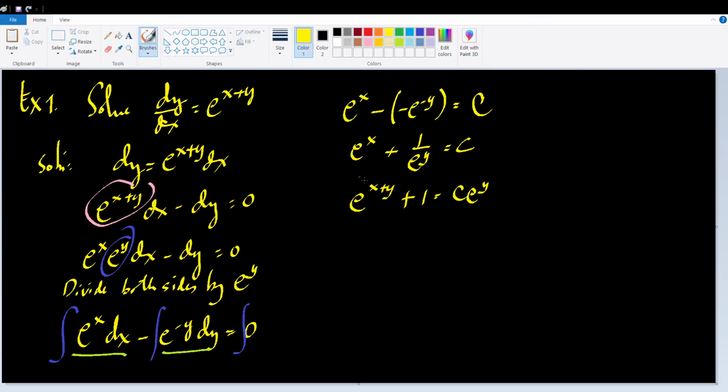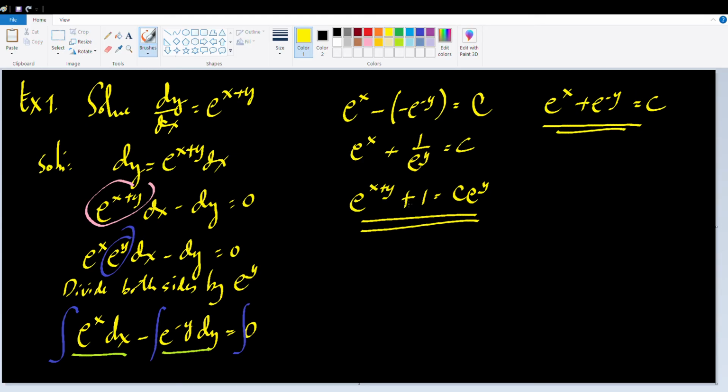So multiply everything by e to the y. e to the x times e to the y is e to the x plus y, and 1 over e to the y times e to the y is of course 1, and c e to the y. So you can write your final answer in the form e to the x plus e to the minus y equal to c, or in the form e to the x plus y plus 1 equal to c e to the y. So both will be acceptable.